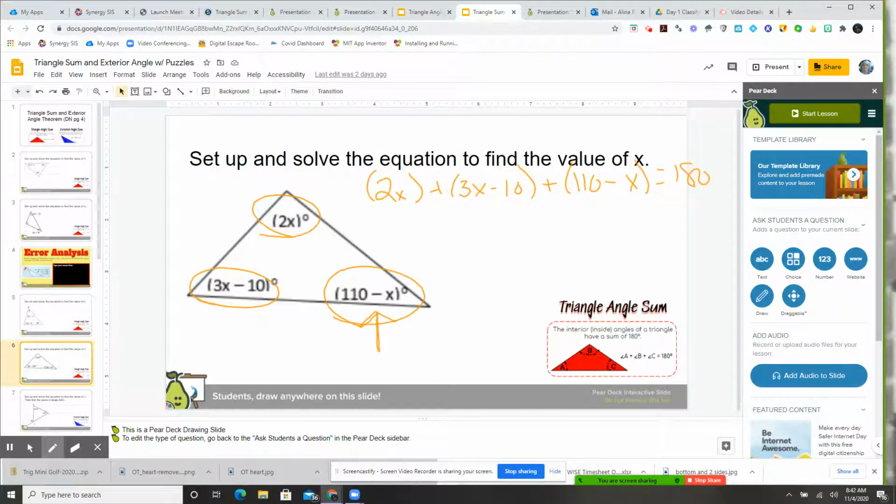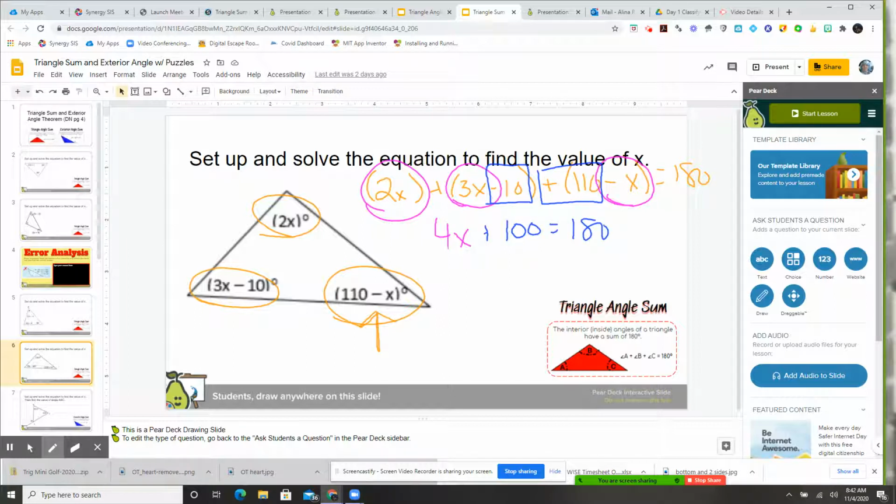I'm going to combine all my x's, okay? So 2x and 3x and minus x. So that's 2x plus 3x is 5x, minus an x is 4x. And then I combine up all of my whole numbers. So negative 10 and 110 make 100 equals 180.